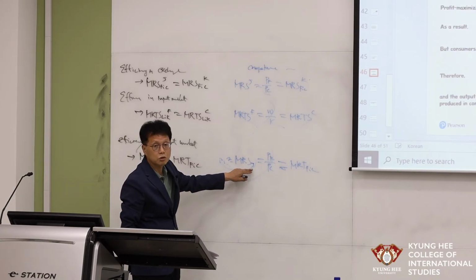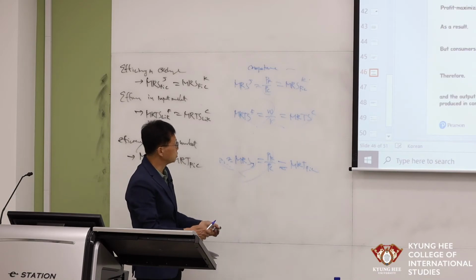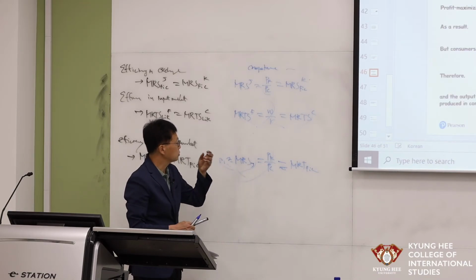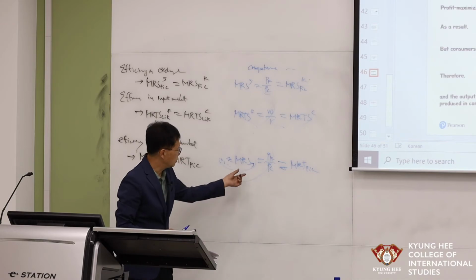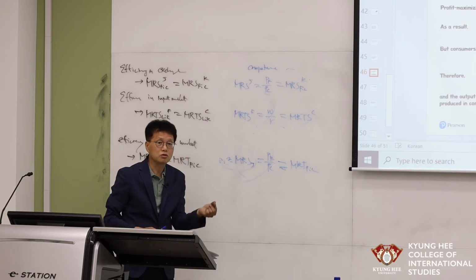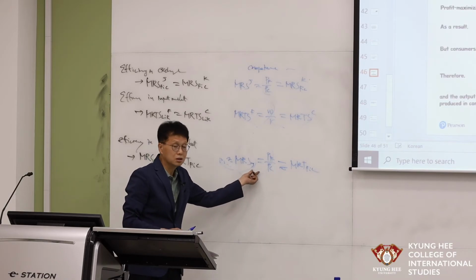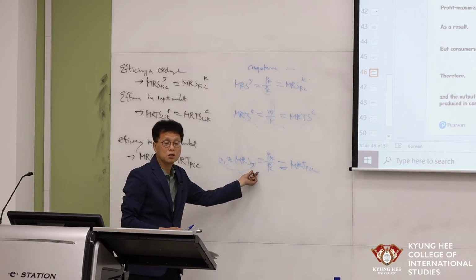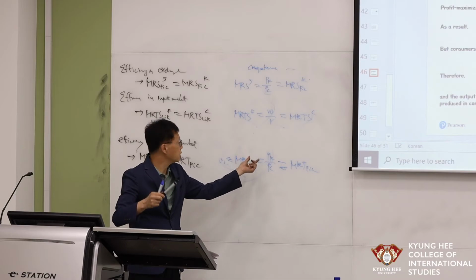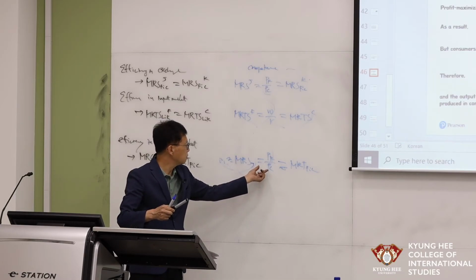So conclusion of consumer theory. Consumers consume food and clothing, satisfying this condition. Then utility of James and Karen is maximized, right? That is MRS is equal to PF over PC, right?